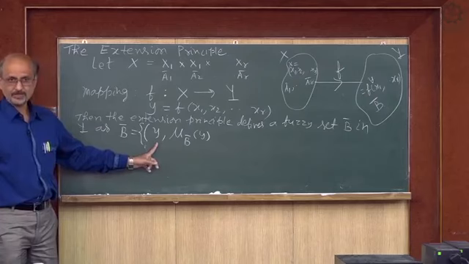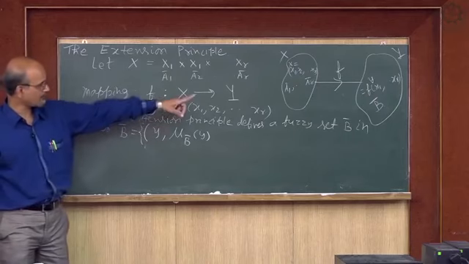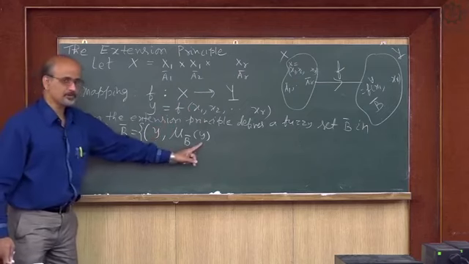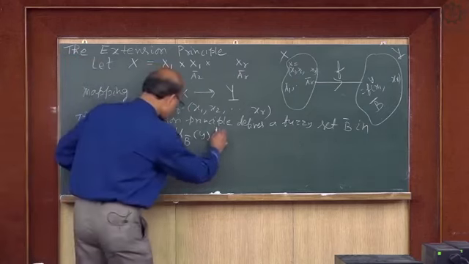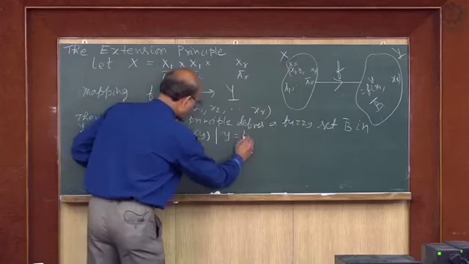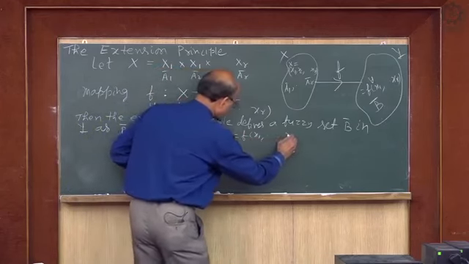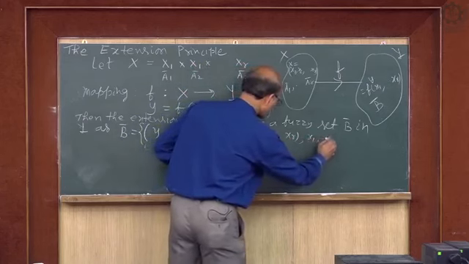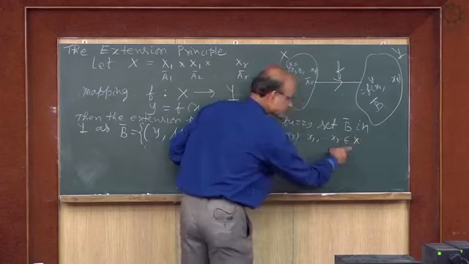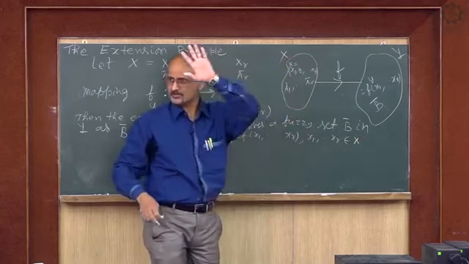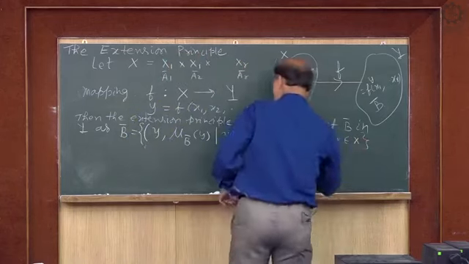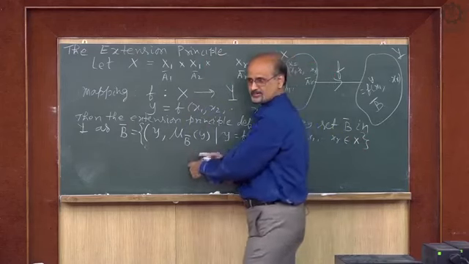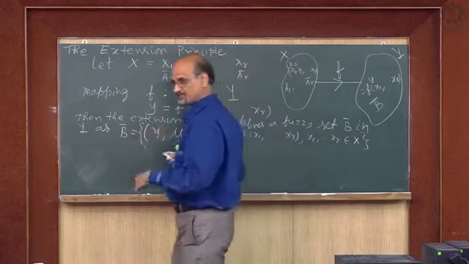The elements will be y, but remember y is actually f of x1, x2, ..., xr, with mu B bar of y such that y is equal to f of x1 to xr, where x1 to xr belong to capital X, and X is X1 cross X2 cross Xr. But the main problem with this is, what is this membership function?